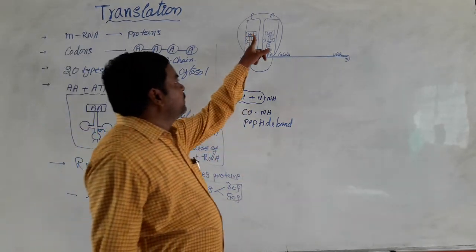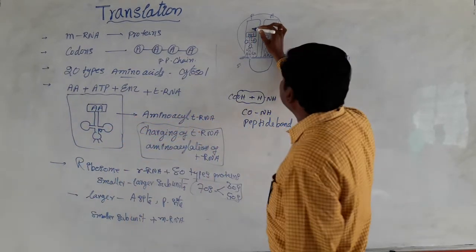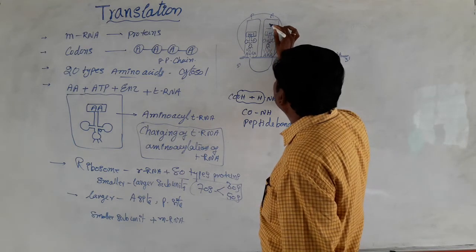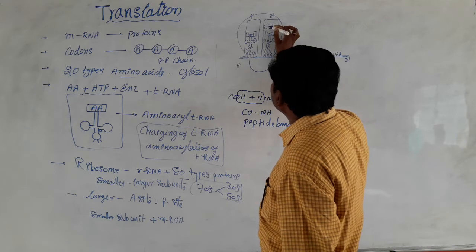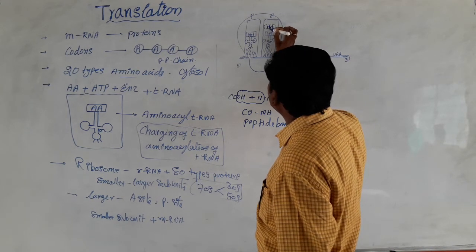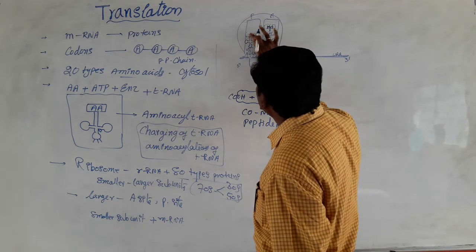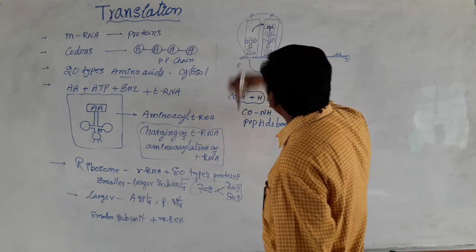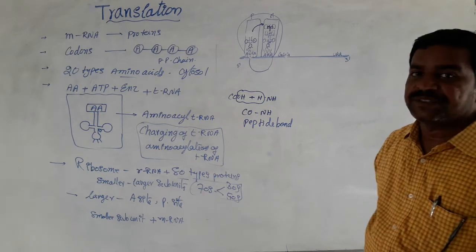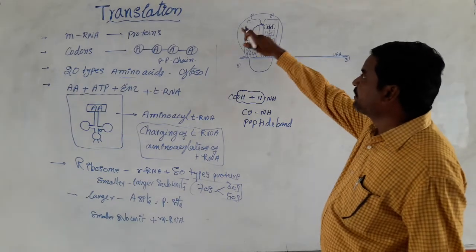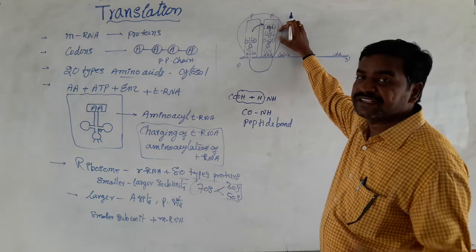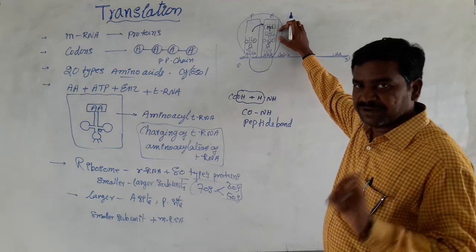So this methionine is shifted into the A site and then attached with the lysine amino acid by one peptide bond. So this tRNA becomes empty. Now this first amino acid, methionine, is shifted into the A site and attached with the second amino acid, lysine, by one peptide bond.